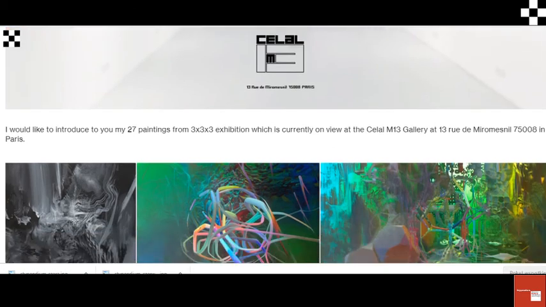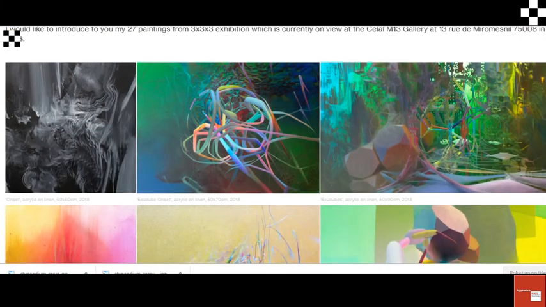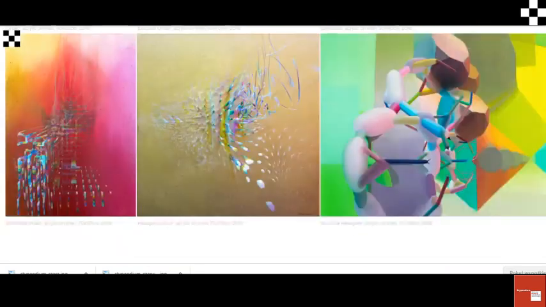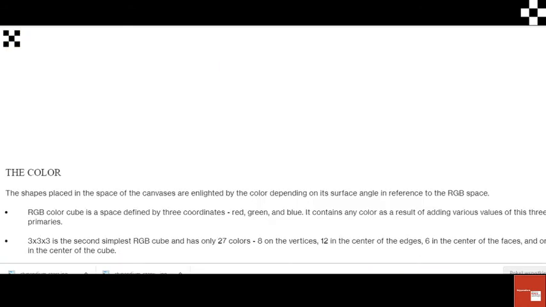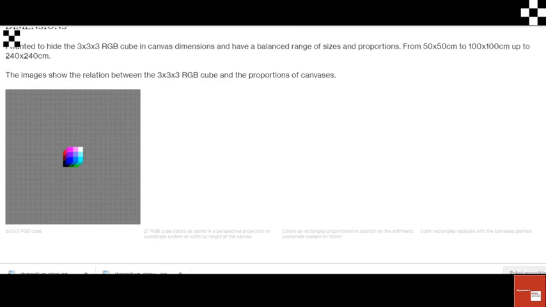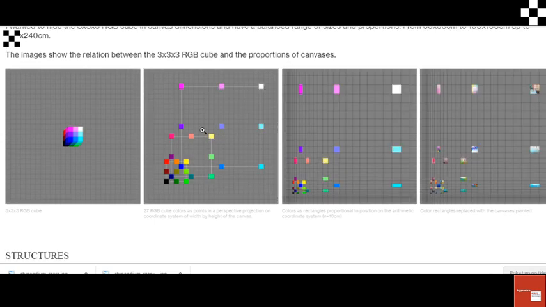I will explain you the whole concept of this. The canvas dimensions, the color dimensions. Here we have the 3x3x3 RGB cube, and the canvases by their dimensions are creating this cube.